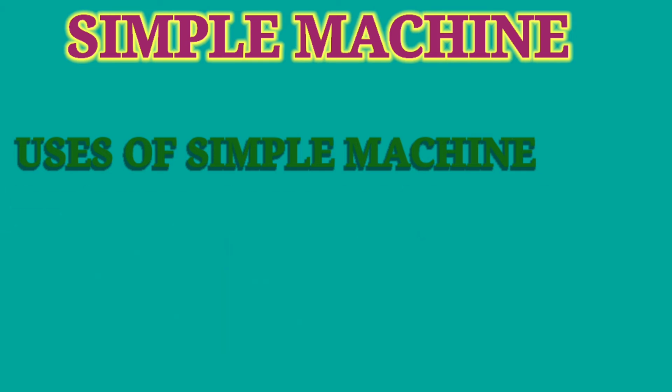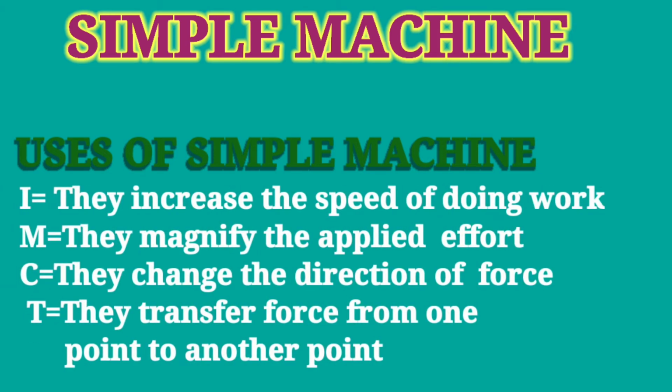I means increase the speed of doing work. Yes, you are correct. I means increase the speed of doing work. M means magnify the applied effort. C means change the direction of force. And T means transfer force from one point to another point.